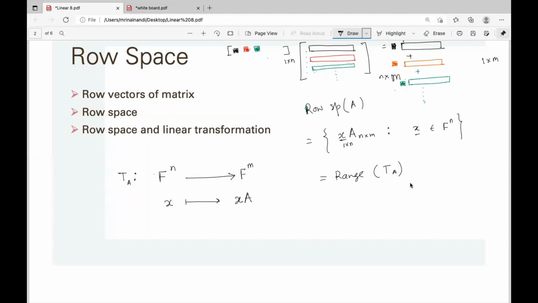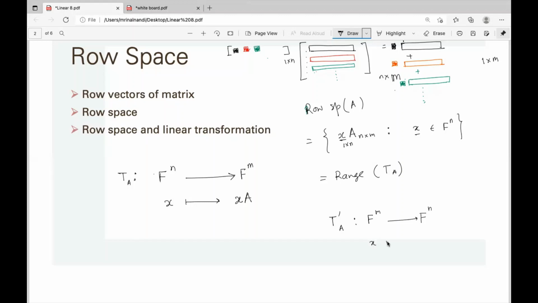Similarly, for column space, we can think of this matrix as a linear transformation from Fn to Fn. Another transformation, say P dash, from Fm to Fn. How?